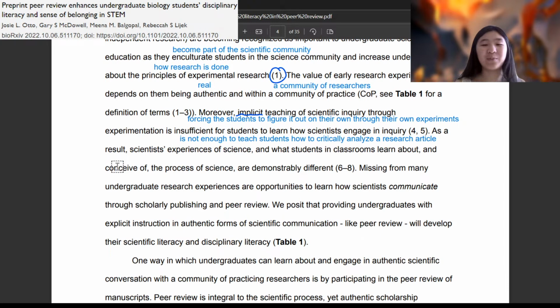So because we are forcing them to figure it out on their own, scientists' experiences of science and what students in the classrooms learn about and understand are different.